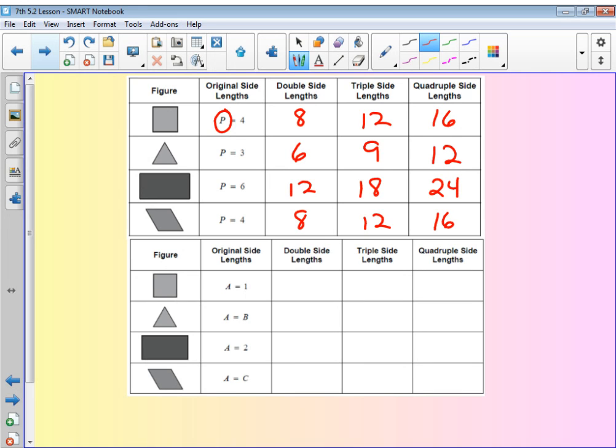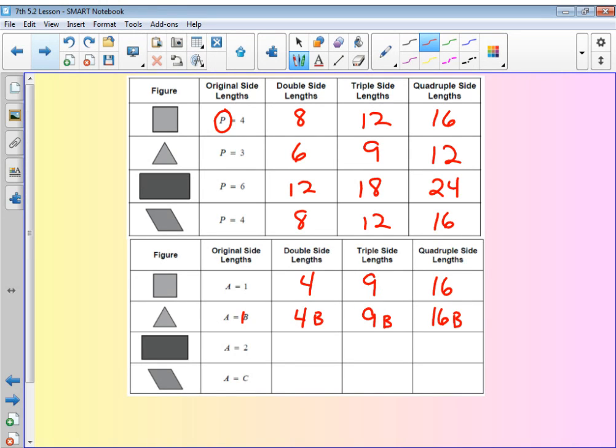Okay, so then when we went through and did the areas of each of those, for my squares, the areas I had were 1, 4, 9, and 16. For the triangles, it would be 1B, and then 4B because it was 4 triangles, if you put the B's in there, then 9 triangles when it was tripled, and then 16 triangles when it was quadrupled.